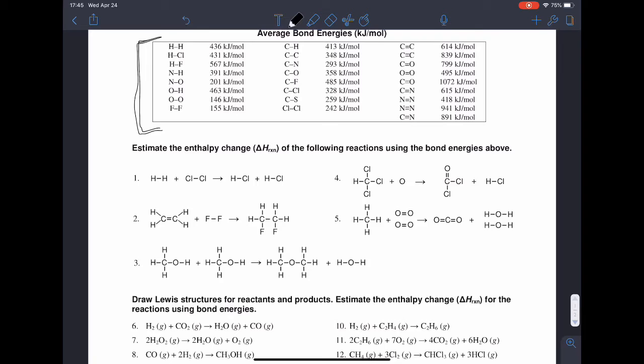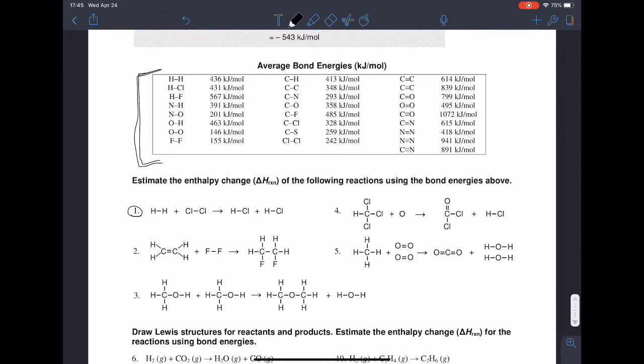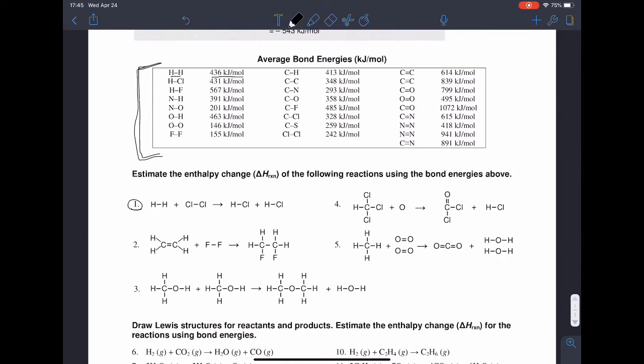So here I'm looking at example number 1, where we have hydrogen and chlorine gases rearranging to make 2 hydrochloric acids, or 2 hydrogen chlorides. Now I will see that my H-H bond here has an associated energy of 436 kilojoules per mole. So that is one of my atoms.